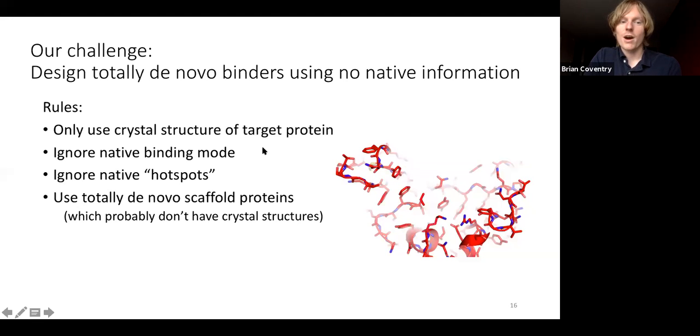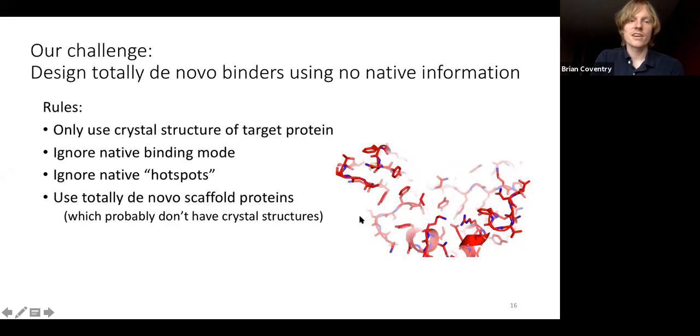And so, yeah, we're ignoring everything about the native complex. We're using totally de novo proteins because our lab was very into de novo proteins for a while. And again, just using only information we've gleaned from the past, nothing that we've gleaned from this structure in particular.